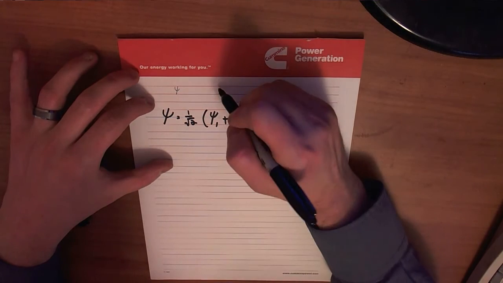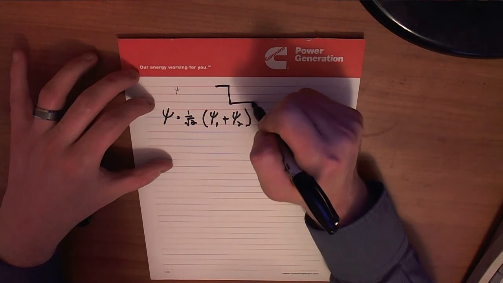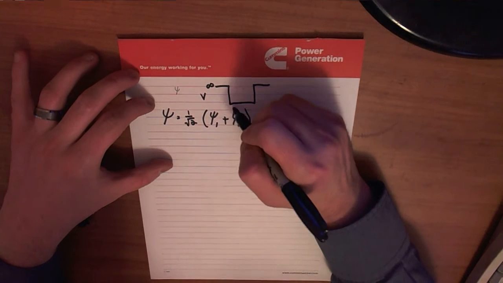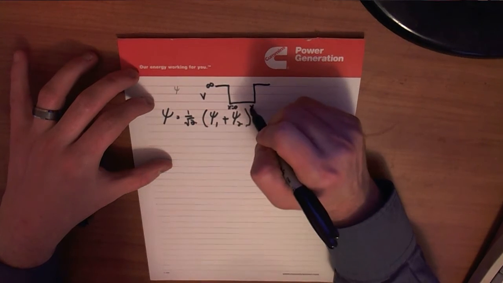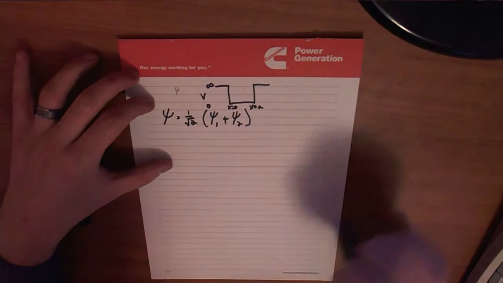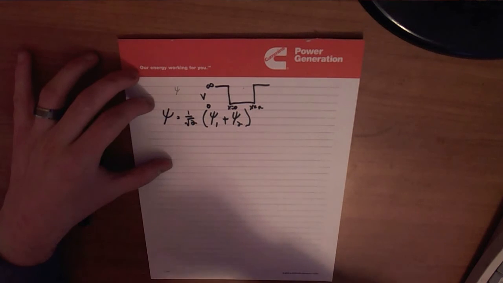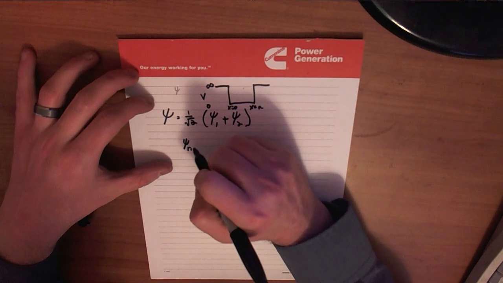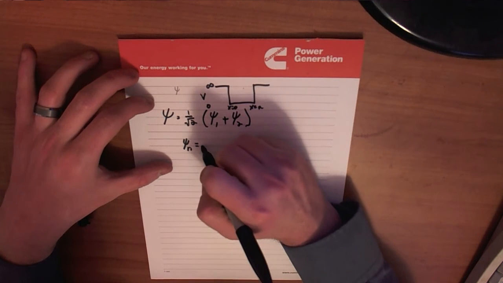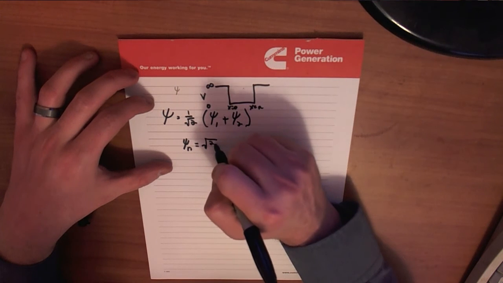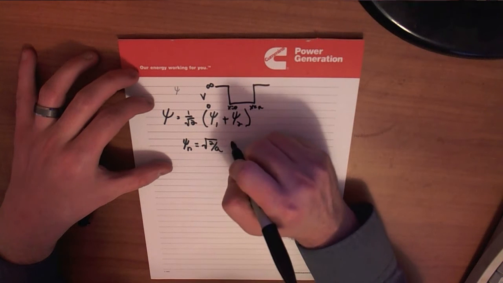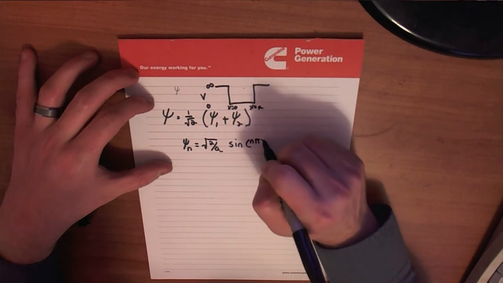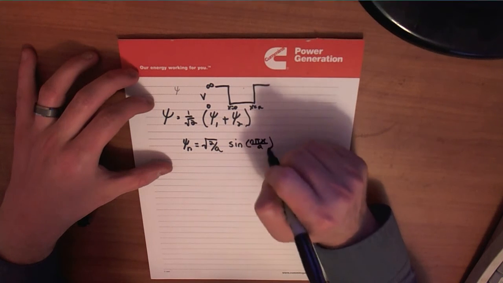And so we're going to have V infinity outside, and V at x equals 0 and x equals a is going to be equal to 0. Okay? And so remember, psi sub n is equal to square root of 2 over a times the sine of n pi x over a.